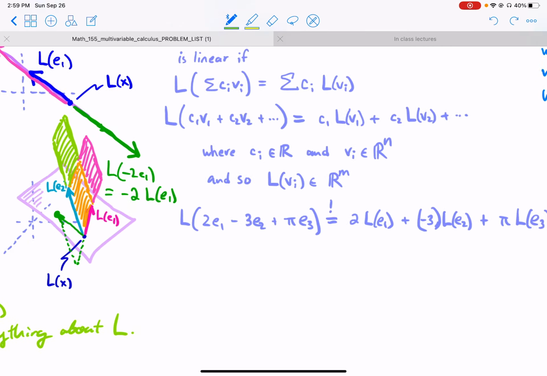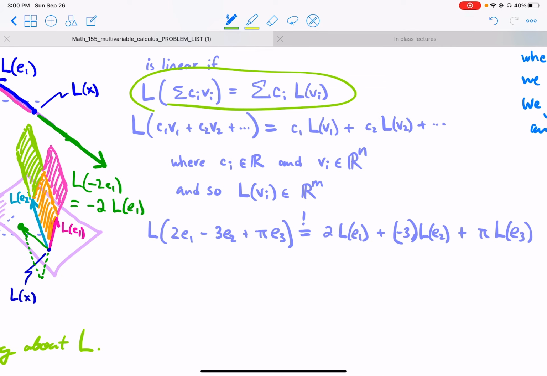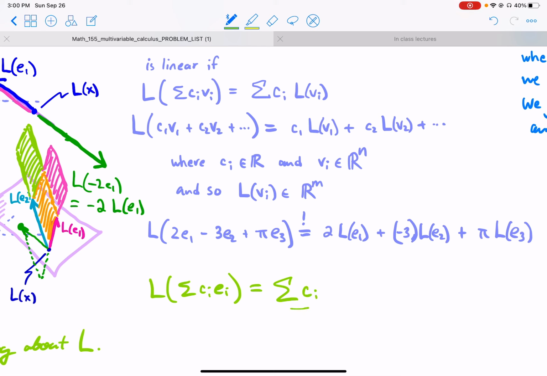And so I could just take this formula and write it again differently: L of a sum of the ci ei, where now ci is a number, is equal to the same linear combination, the same scalar real numbers, but now applied to the L of ei. And so L of c1 e1 plus c2 e2, if we're in two-dimensional input space, has to go to c1 L of e1 plus c2 L of e2.